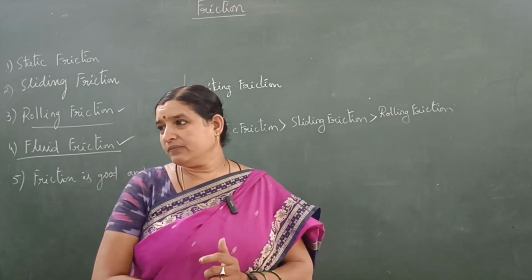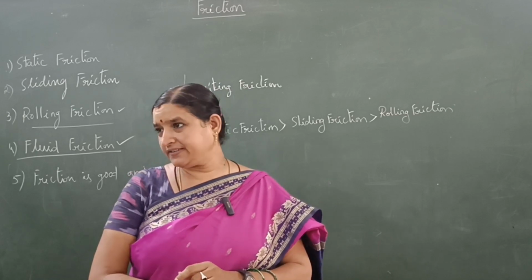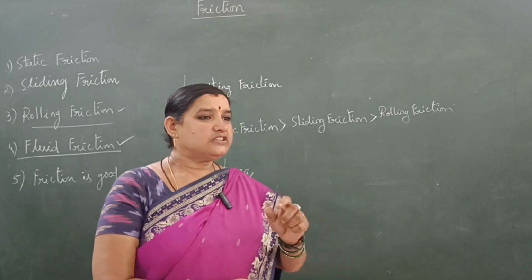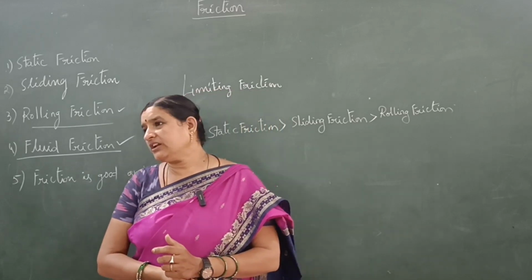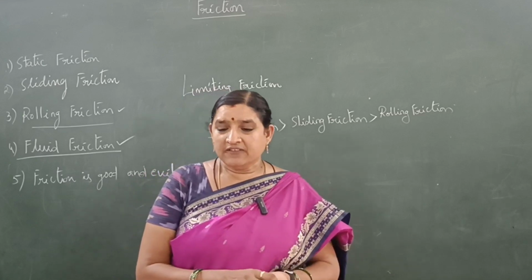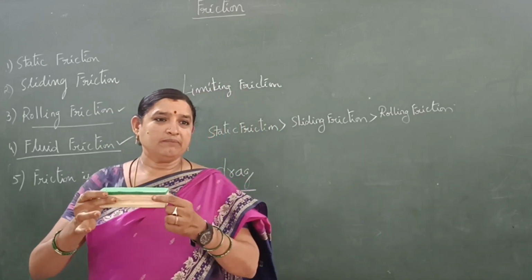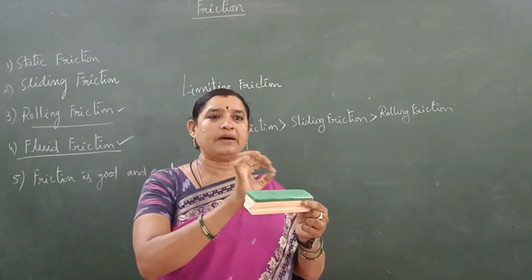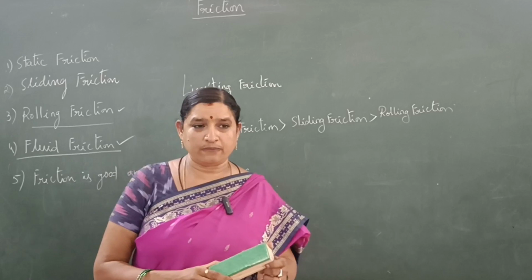What are fluids? The substances which flow are called fluids. We already know that matter exists in three states: solids, liquids and gases. If we want to move a solid, each and every particle of the body moves, and it has a definite shape and a definite volume.